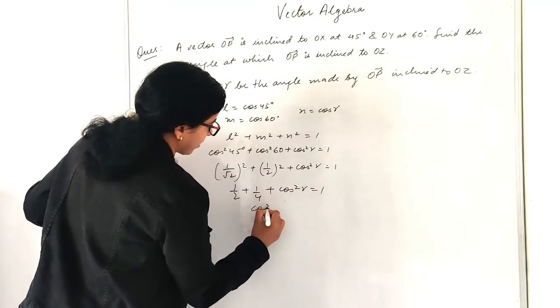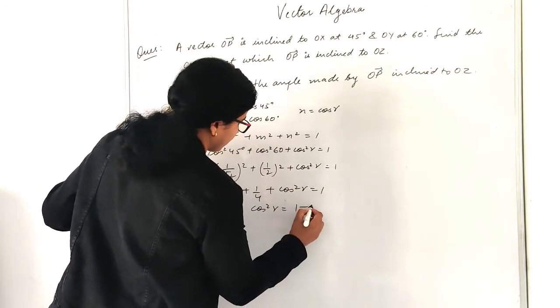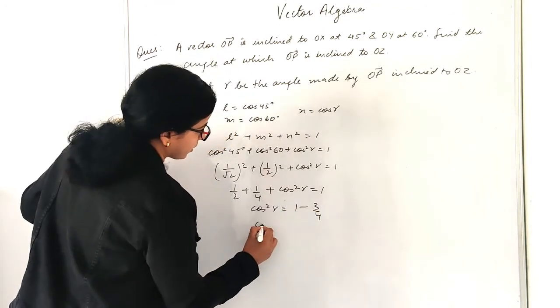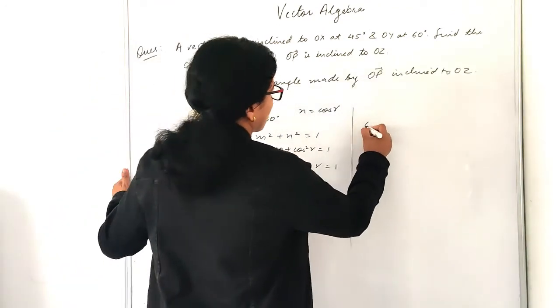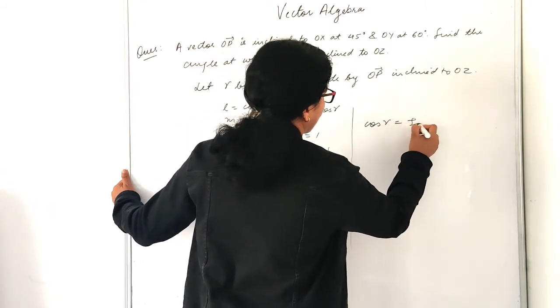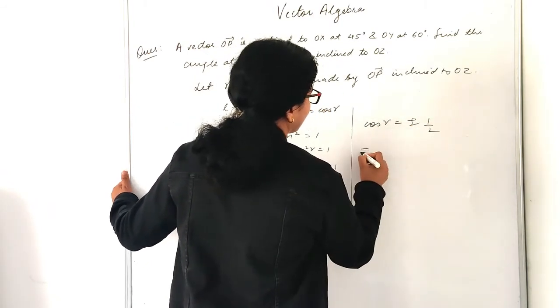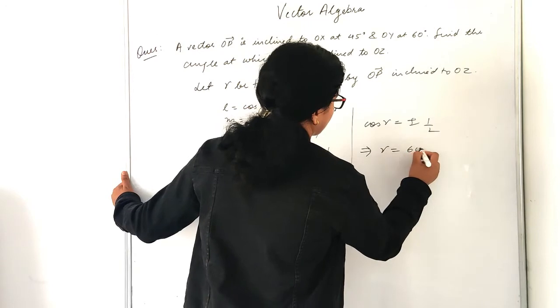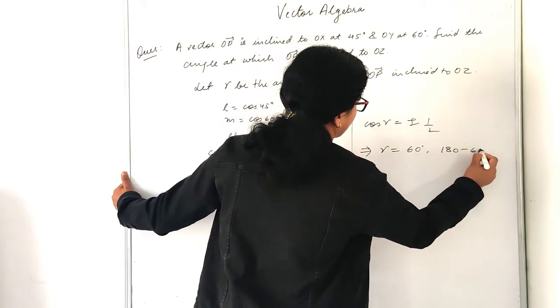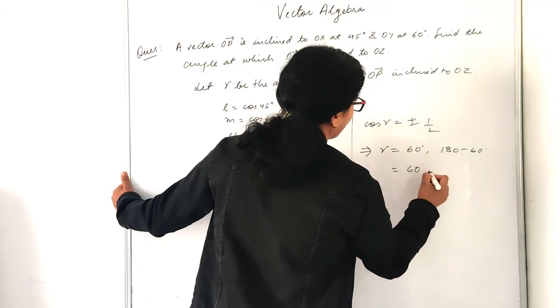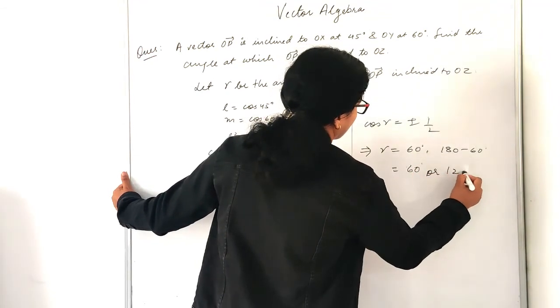Cos square gamma equals 1 minus 3 by 4. So cos square gamma equals 1 by 4. So it means cos gamma is equal to plus minus 1 by 2. So this implies gamma equals 60 degree or 180 minus 60, so 60 degree or 120 degree, right?